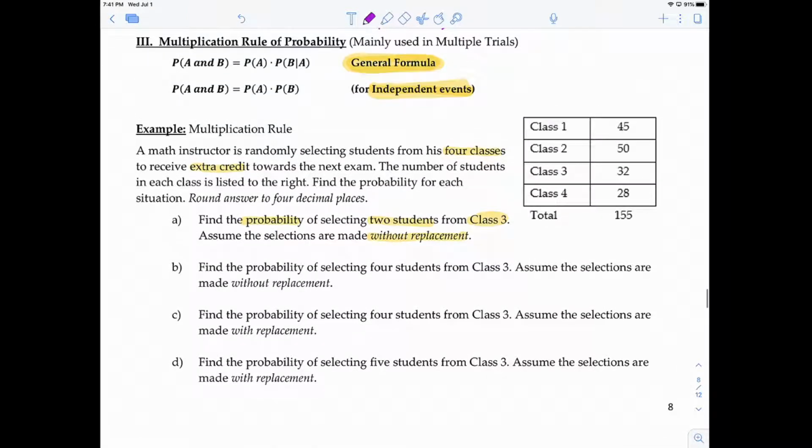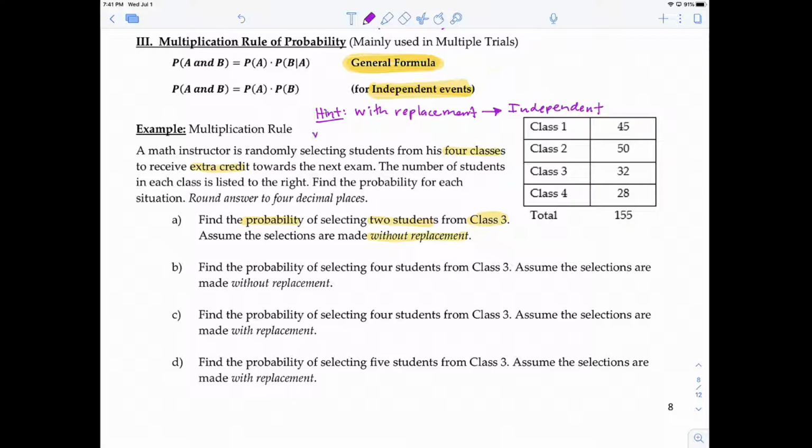So here's a hint, an important note that you want to take down. Anytime you have selections with replacement, that implies that the events are independent of each other.